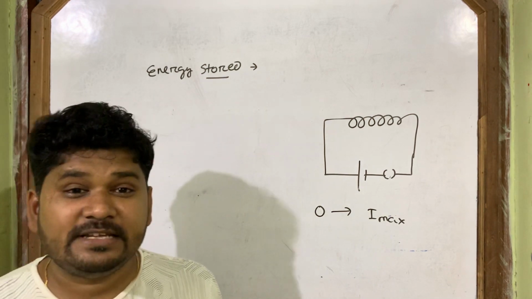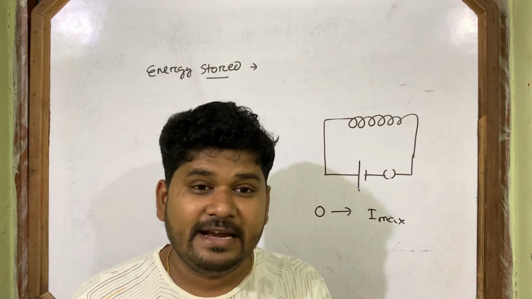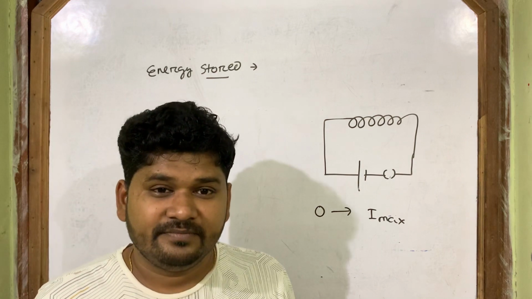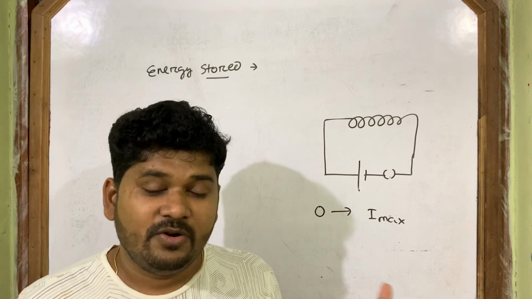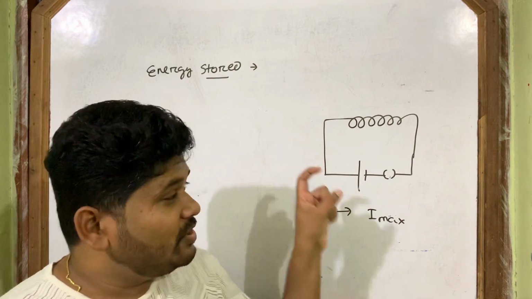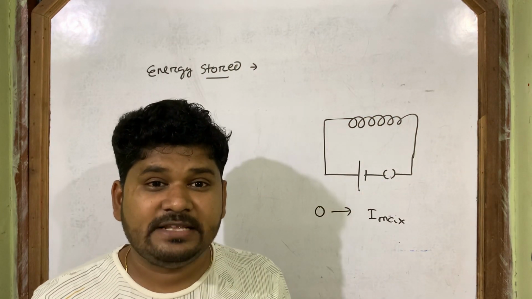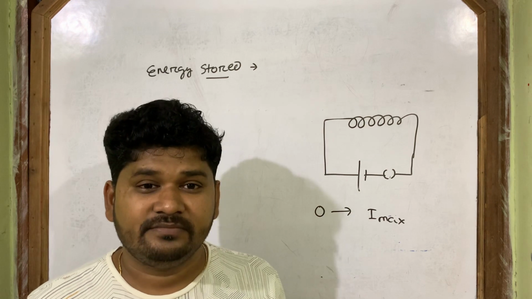Which potential energy is this? Magnetic potential energy, because here everything is done in a magnetic field. Where is it stored? In the core of the solenoid, in magnetic field form.